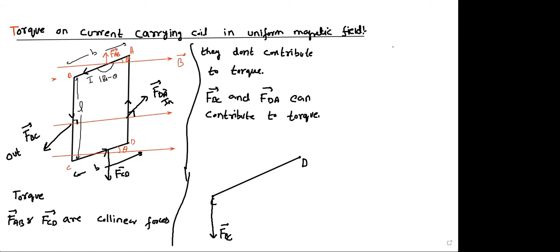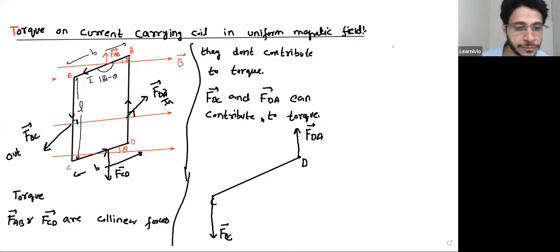This is acting in outwards direction. Then this force FDA. Sorry. So this is FBC, which is acting in outwards direction. This is FBC.